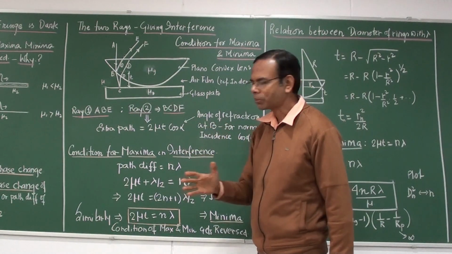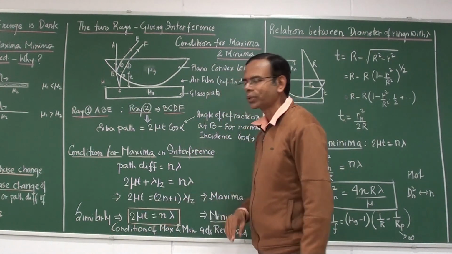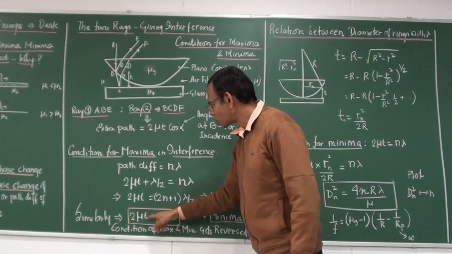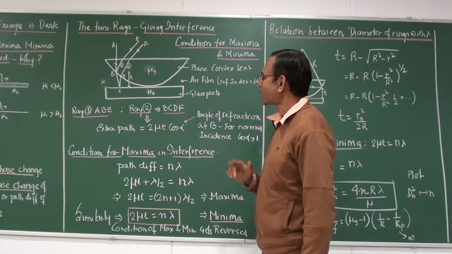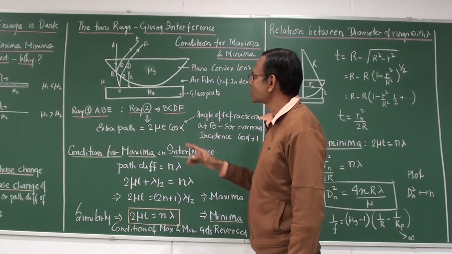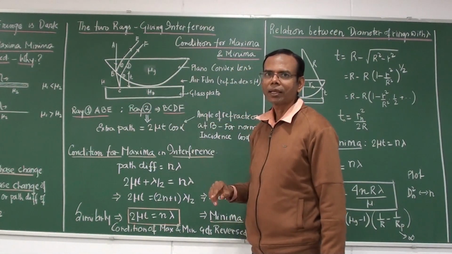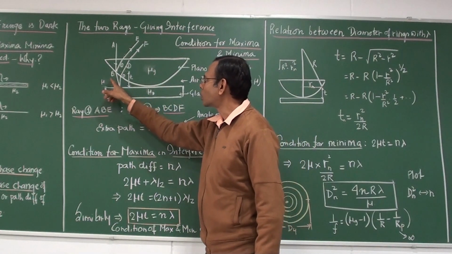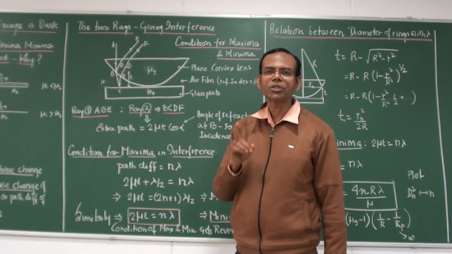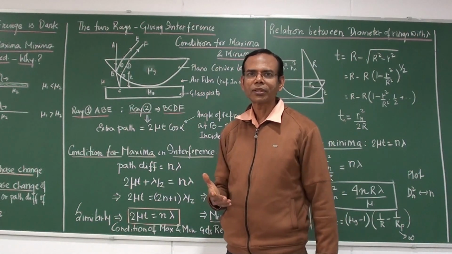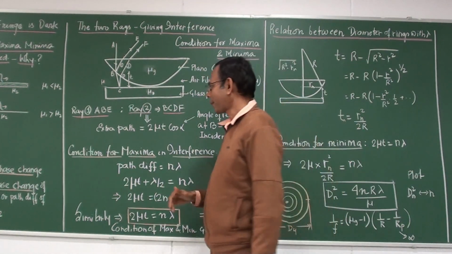Usually we measure the minima, that's why this particular equation is more popular. So the condition of maxima and minima gets reversed. And why does it get reversed? Because this particular second ray, which is travelling from a lower refractive index to a higher refractive index, undergoes a phase change of pi, or a path difference of lambda by 2.